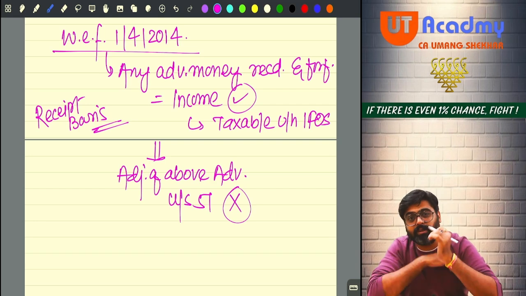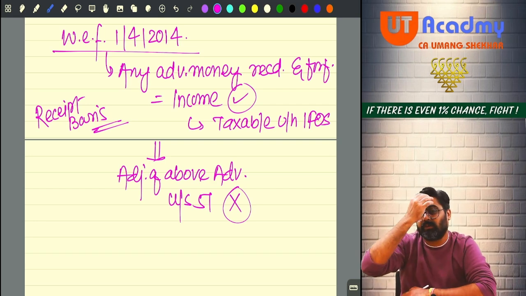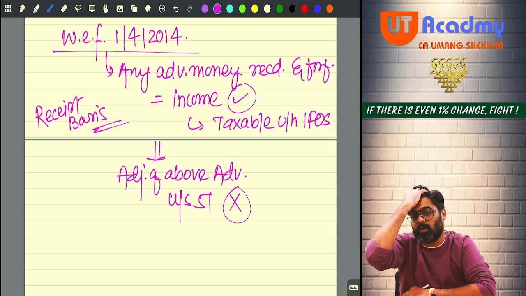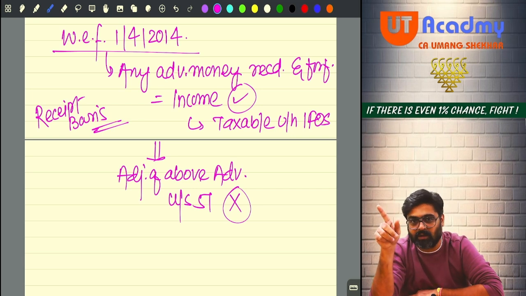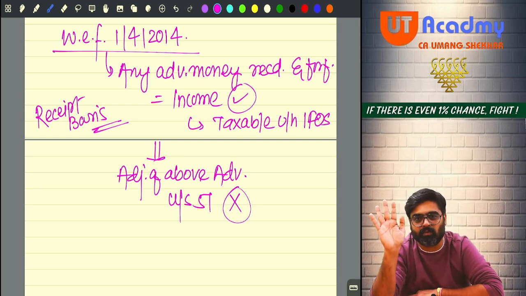There were litigations here also. Assessees wanted to reduce after taking indexation. Whatever cost is there, index the cost if the capital asset is long term. So indexation we will get, provided the asset is transferred prior to 23rd July. Yes or no? Indexation we will take.